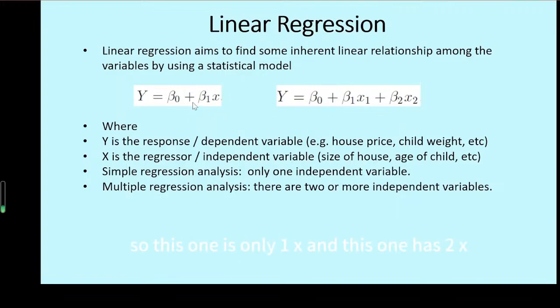This one has only 1 x and this one has 2 x's. So this is a simple linear regression and this is a multiple linear regression. In both equations, y is the response or dependent variable, like house price and child weight, and x is the regressor or independent variable, like size of the house and age of child.